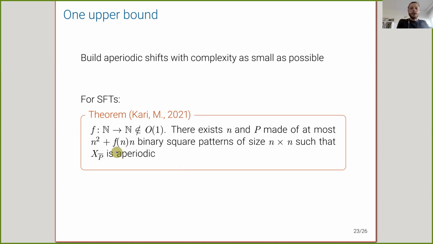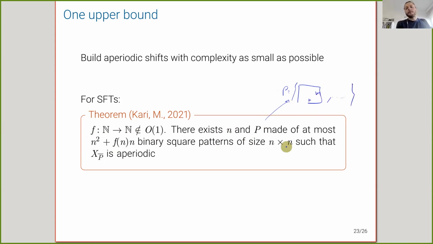So you take any non-constant function, and then given this function, if you take n big enough, you can build a set P of square patterns of size n by n.